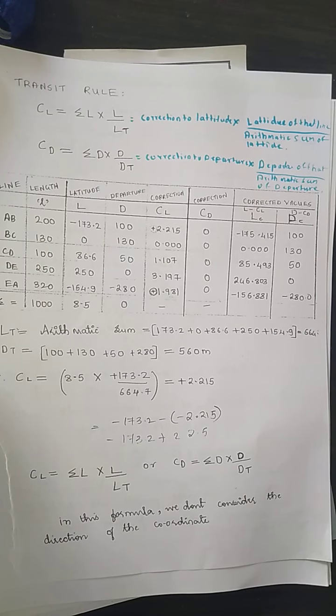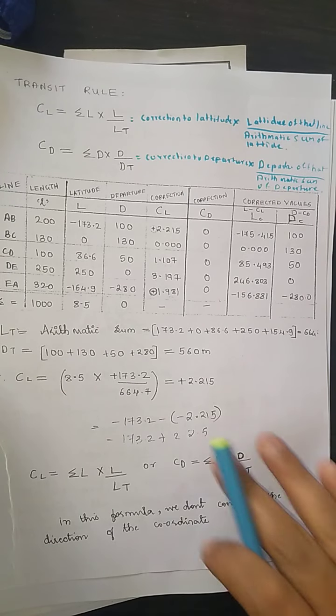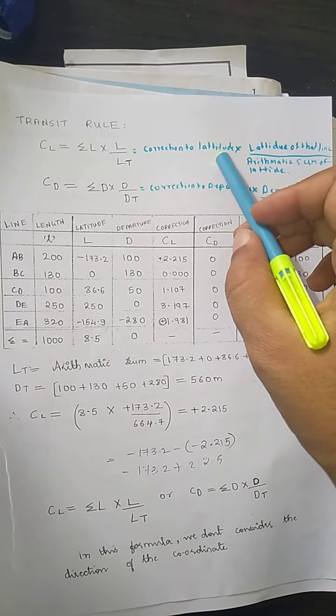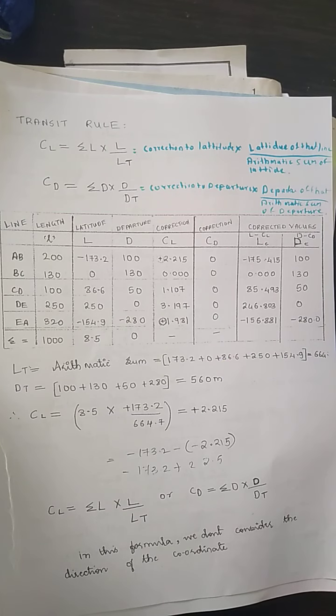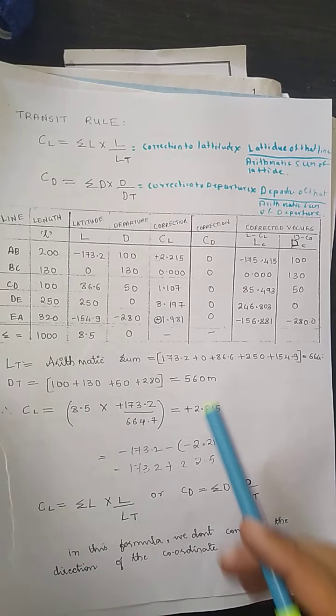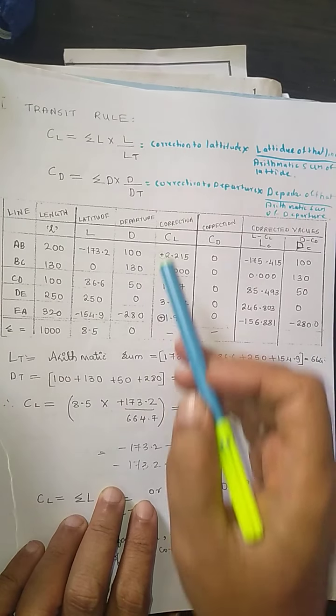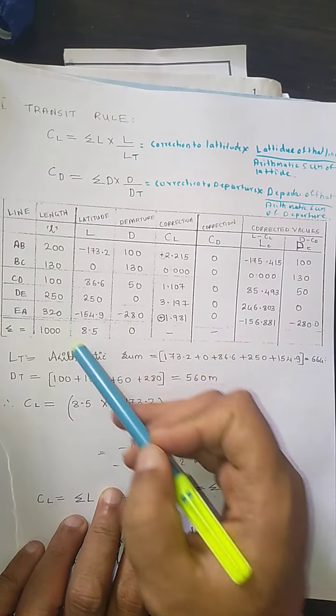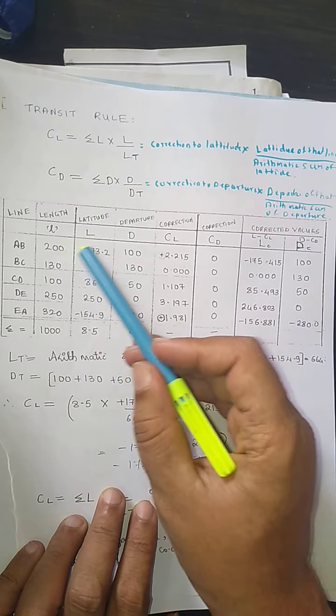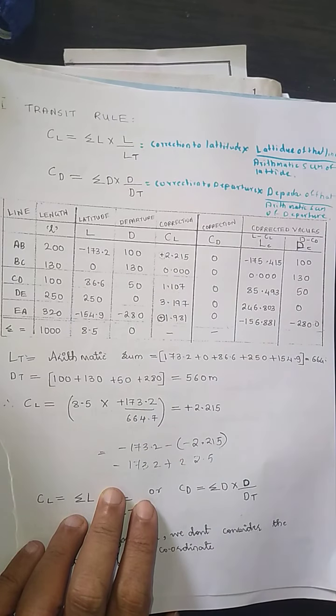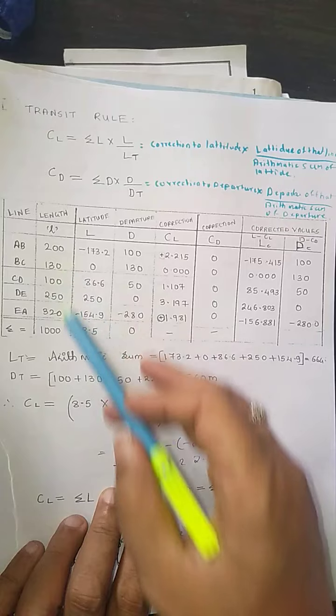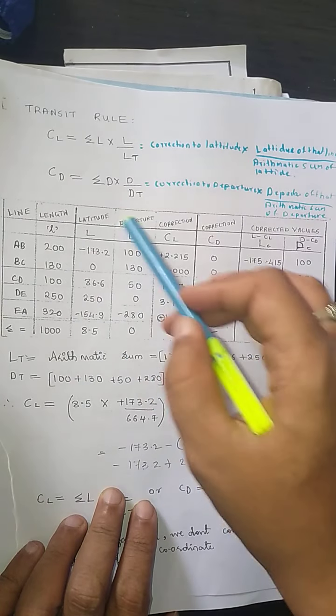Okay, so here what does the formula say in the transit rule? The correction to the latitude multiplied by the length of that side divided by the arithmetic sum of the latitudes or departures. Now in this particular formula we are not going to bother about these minus and plus signs, right? In order to find out the arithmetic sum, we will be taking all of them as positives only.